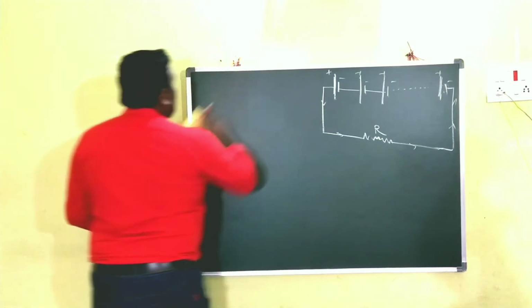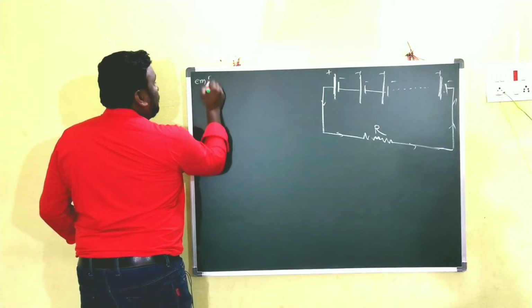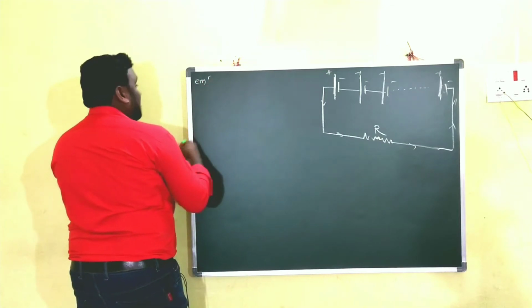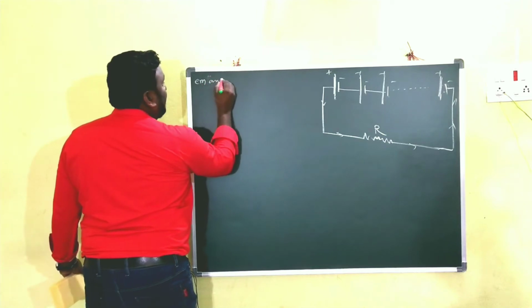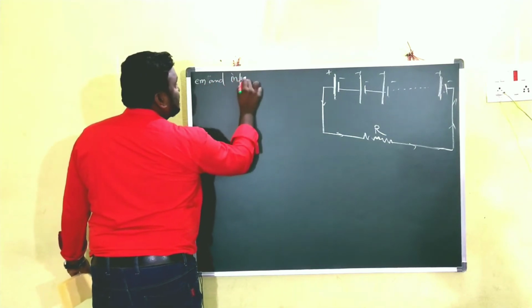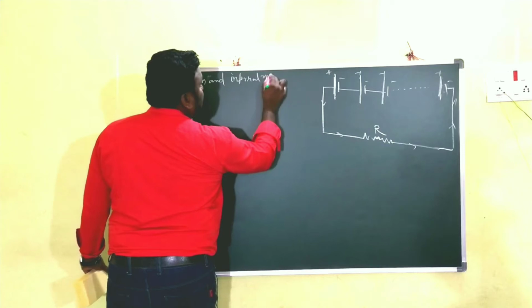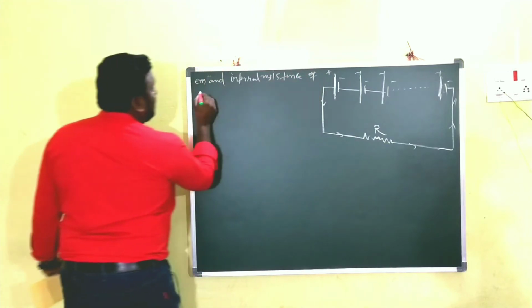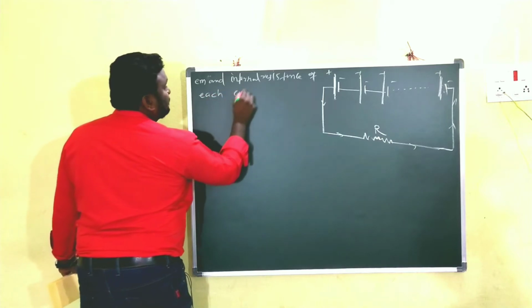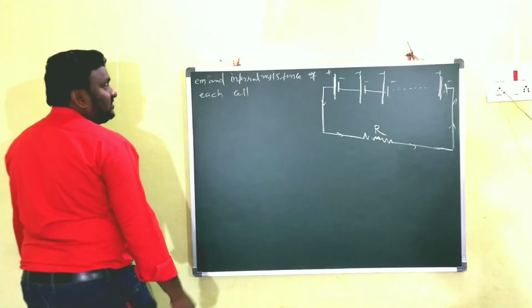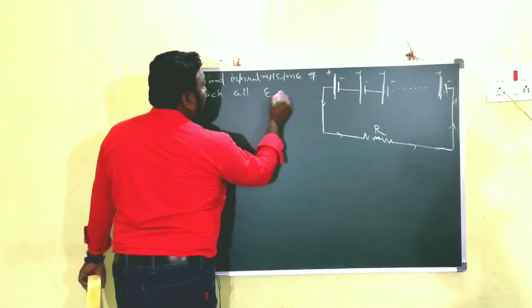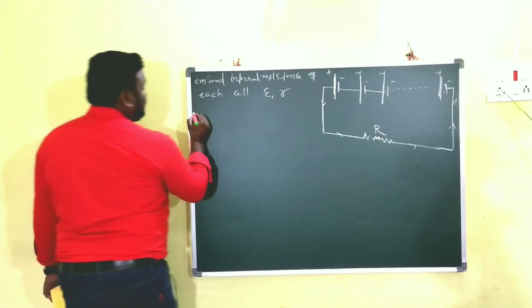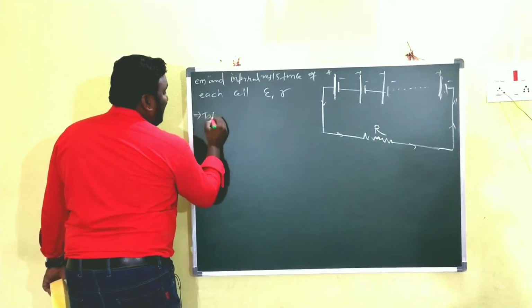Clear? So the EMF and internal resistance of each cell are epsilon and r.